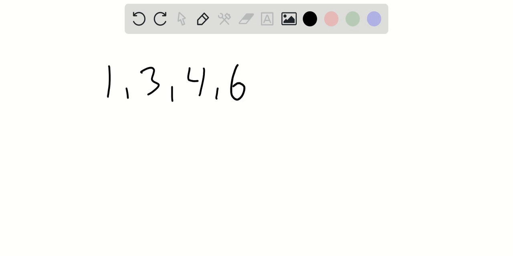Again, we don't have to use all of them. So I'm looking at this and I'm saying, well, okay, 6 times 4, right? 6 times 4 is 24, right? But then I leave out 1 and 3. So I have to use 1 and 3. So how can I use all 4 of these numbers to get to 24?